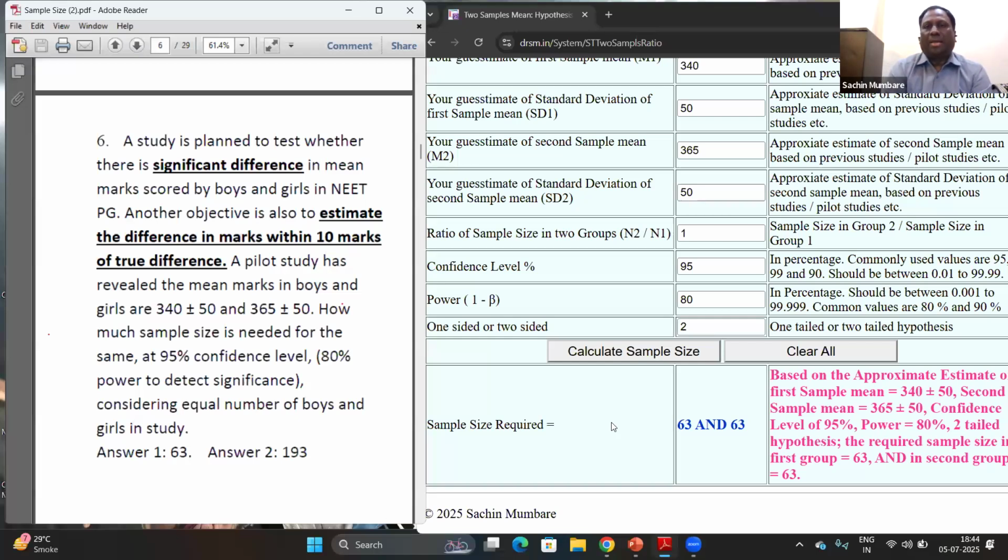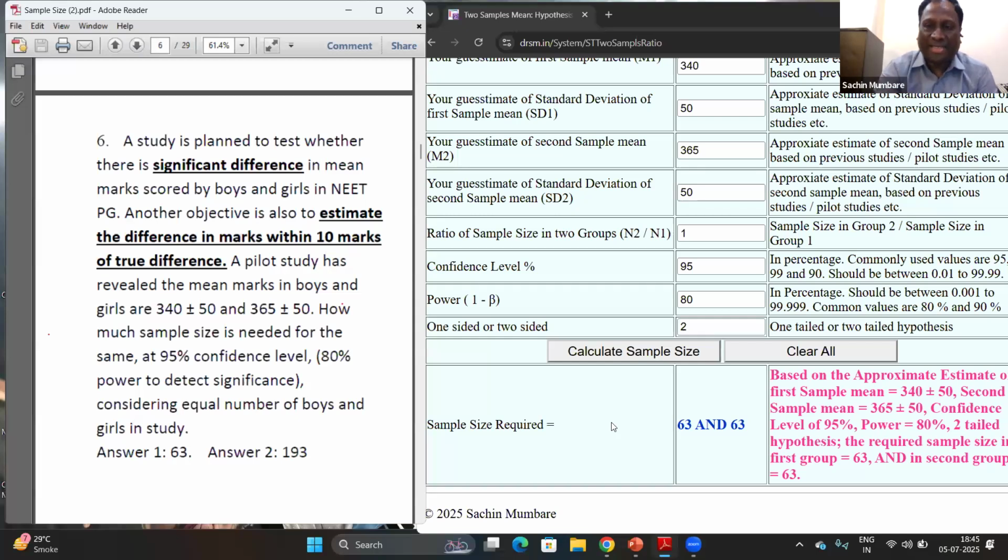Now, in this example, in what I have already explained, in which the sample size was 63, our objective was to find out whether there is significant difference between marks scored by boys and girls, isn't it? So whether there is significant difference, that's all.